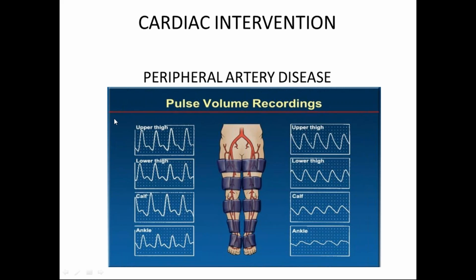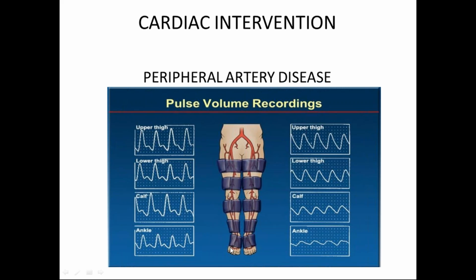Okay, so in addition to the waveform, if you look on the right side, these cuffs on the right side, you'll get your right lower extremity pressure, and you get the waveform. So you see that these waveforms look normal. Look at the upstroke, look at the downstroke. You still have your dicrotic notch. If you look all along there, you have your ankle, the calf.